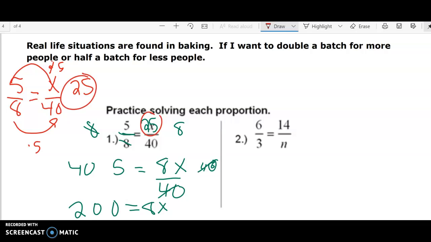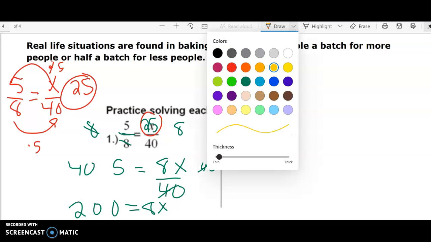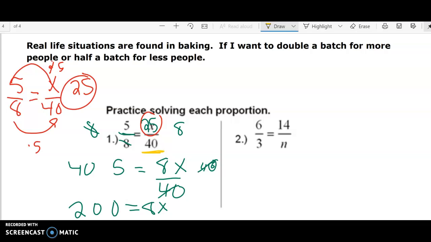Same thing. Okay? Sometimes it's not whole numbers. If you also notice that at the very last step, I multiplied the denominator times the numerator, and I multiplied the denominator times the numerator.